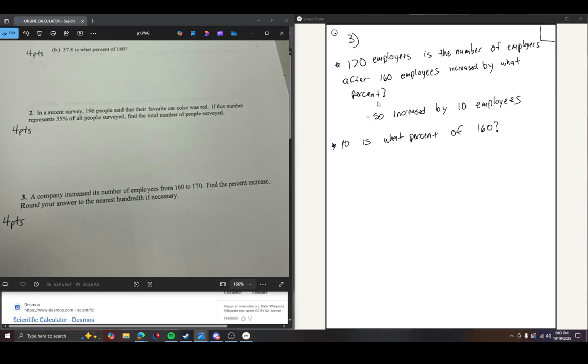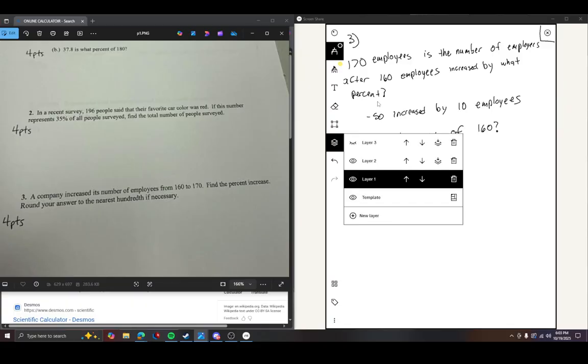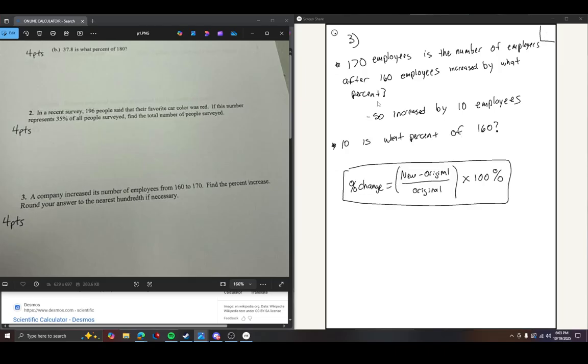Like I said, there's a lot of different ways you could set this problem up and write down the equation to stick into a calculator and get your math. But I think the easiest way is, I don't know if you've ever seen this formula before, a percent change.